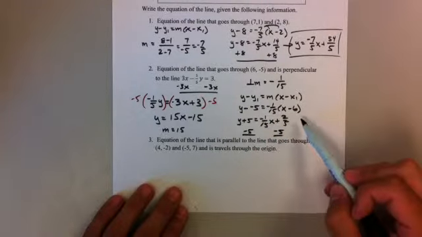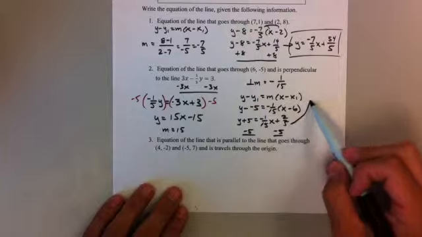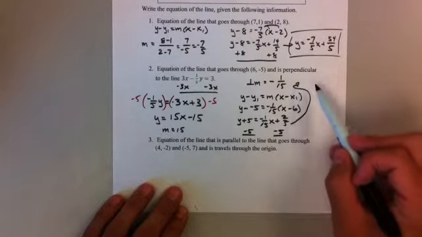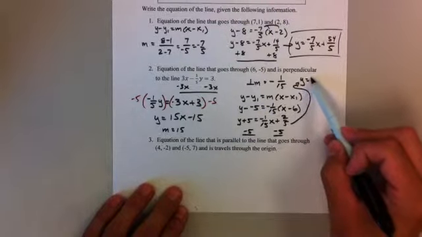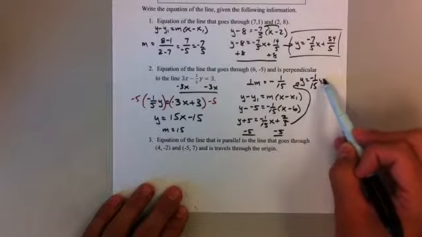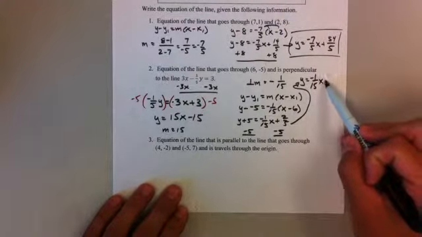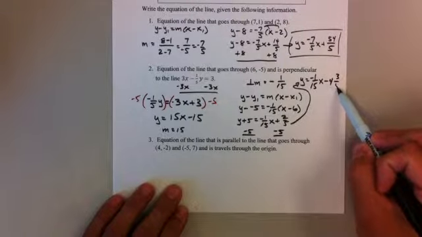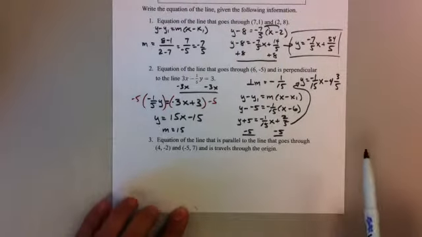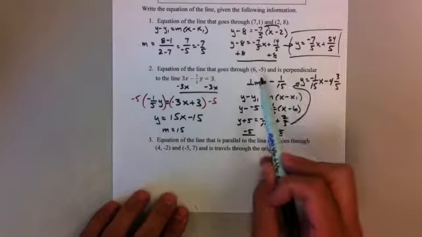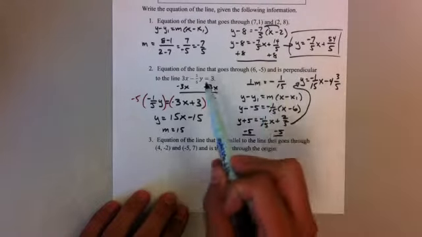Sorry, running out of room a little bit here. So let me move it all the way up here. So y equals negative 1/15 x, and then 2/5 minus 5 would be negative 4 3/5. And there you go. There's the equation of your line that goes through this point and is perpendicular to that.